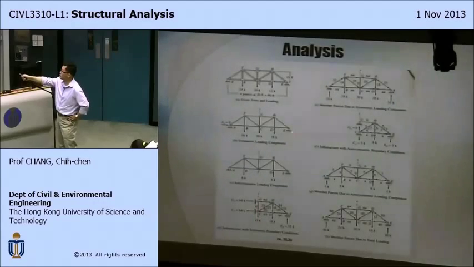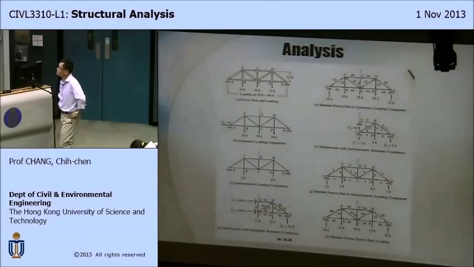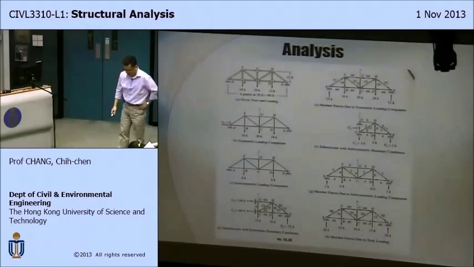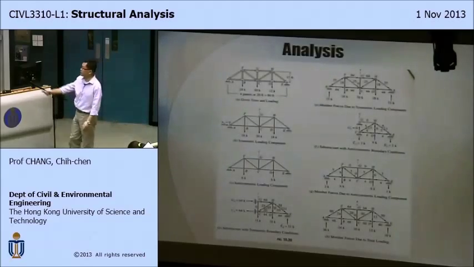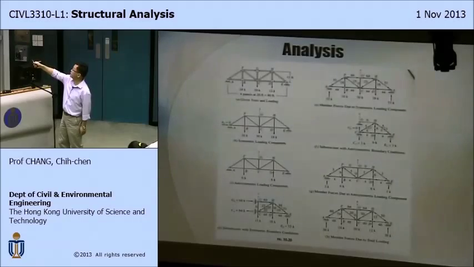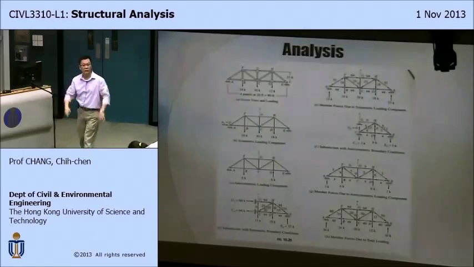Symmetrical structure, symmetrical loads, so it can move vertically but not horizontally. So the boundary condition becomes a roller like that. Just do that analysis, and because it's a symmetrical structure, the results can be mapped to the other side like a mirror image.